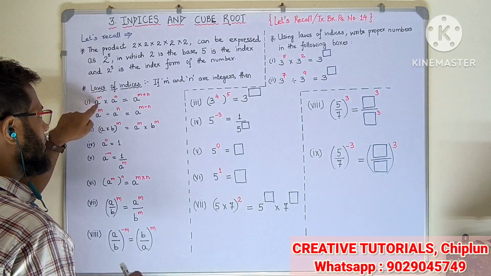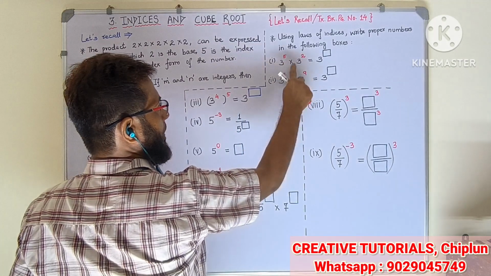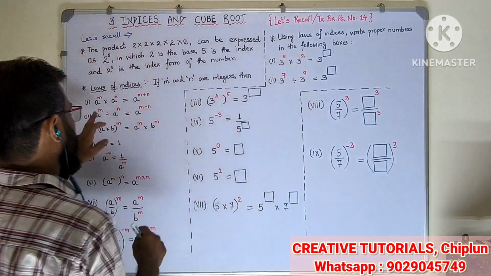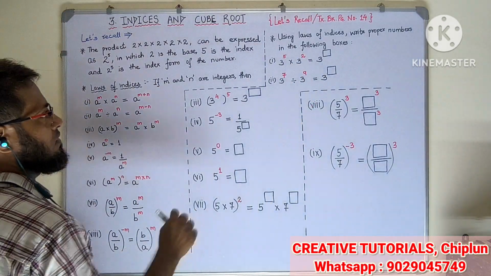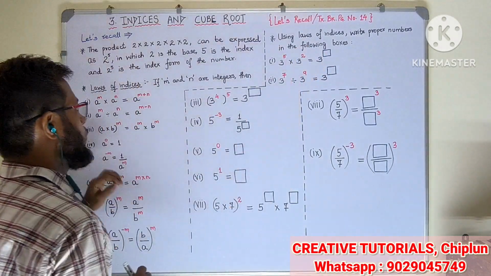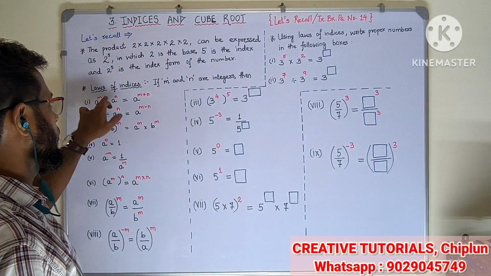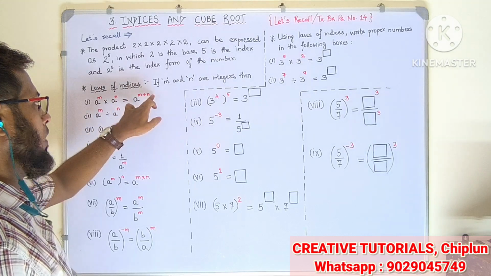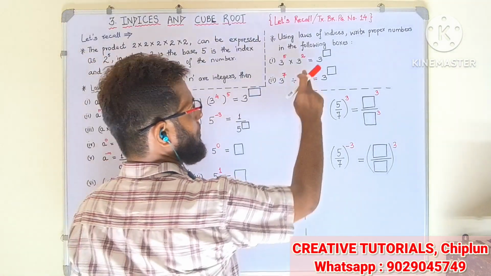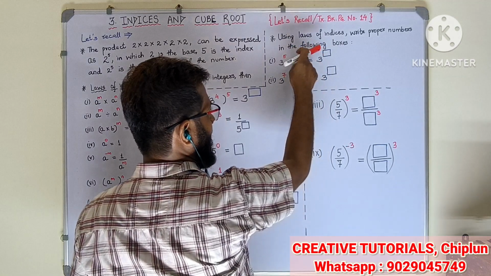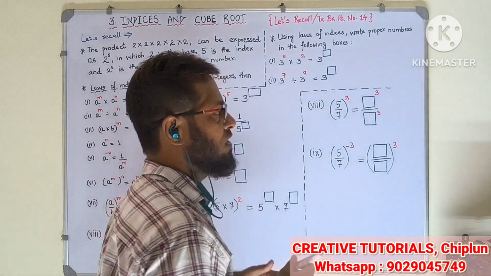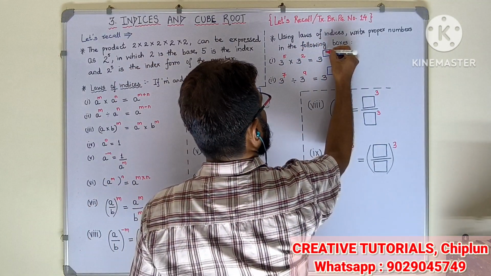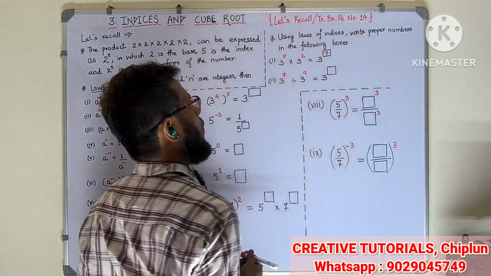Here a is our base, and you see the base is the same, 3. The indices or powers are m and n. Our law says that a raised to m multiplied by a raised to n becomes a raised to m plus n. So 5 plus 2. 5 plus 2 is 7. So my answer will be 7 in this box.